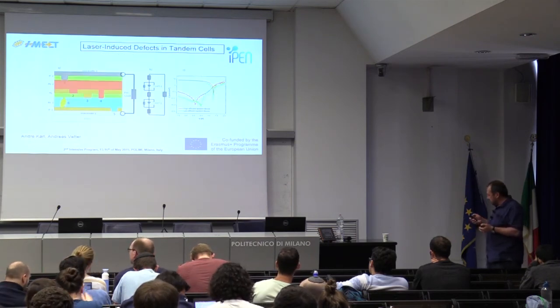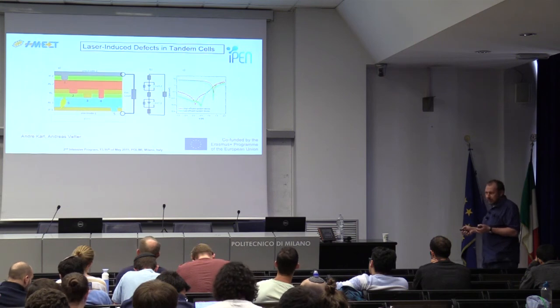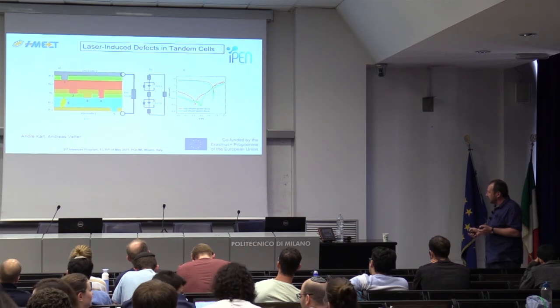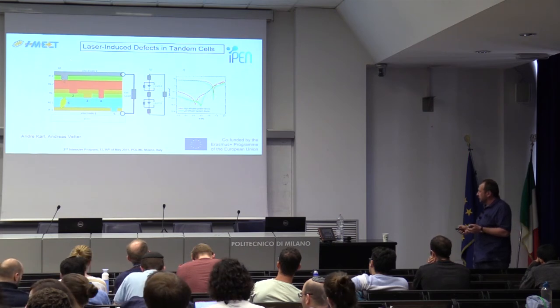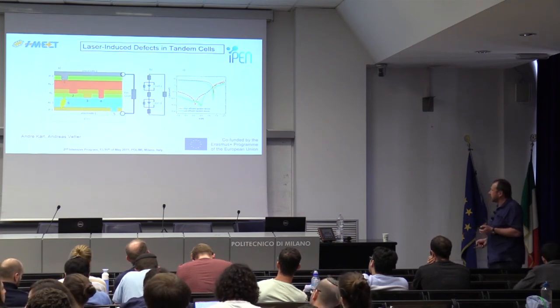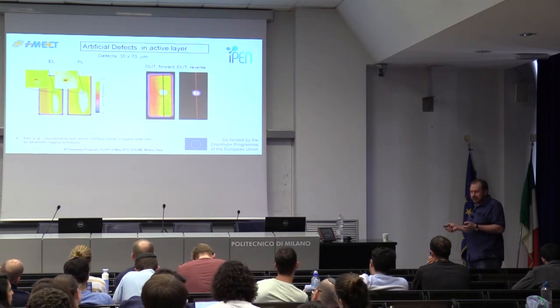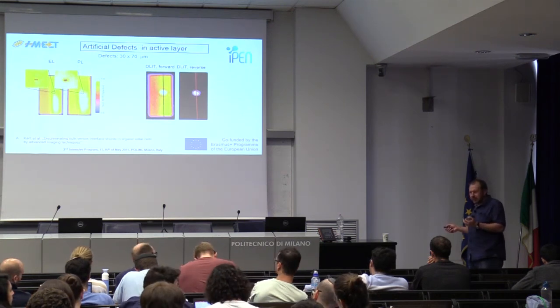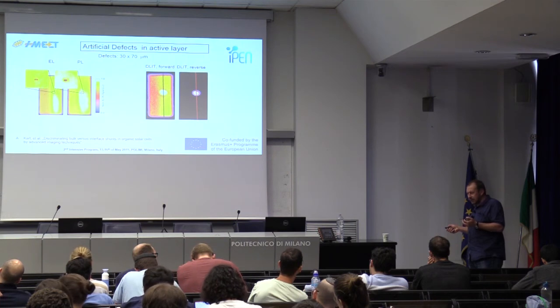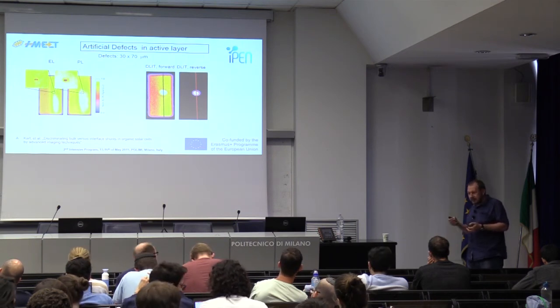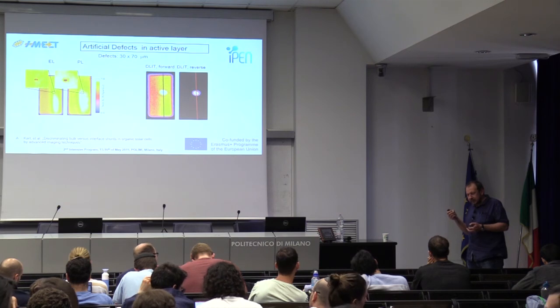And now work is going on to apply this process to tandem cells, where you have many more options to make the defects. One problem with this system is that if you try to make a hole in the hole transport layer on top of the active layer, then the laser is much too strong.